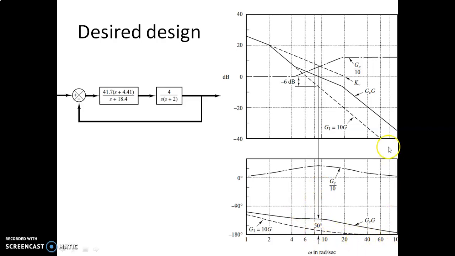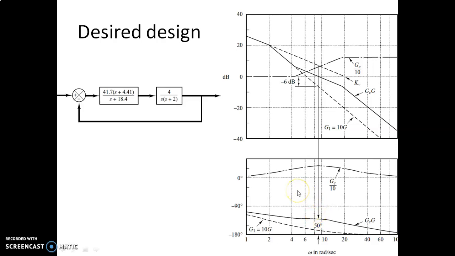We still have a gain margin of almost infinity, because we expected a gain margin of at least 10 dB. So we have an infinite gain margin and a very good phase margin of 50 degrees, even with a very good value of Kv, which is 20 second inverse.